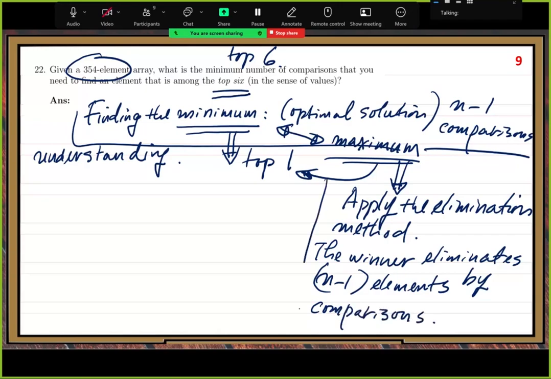Yeah. So that's what we do from finding the maximum. Okay? All right. So now, for a new question, you follow the same logic. The winner, the solution.